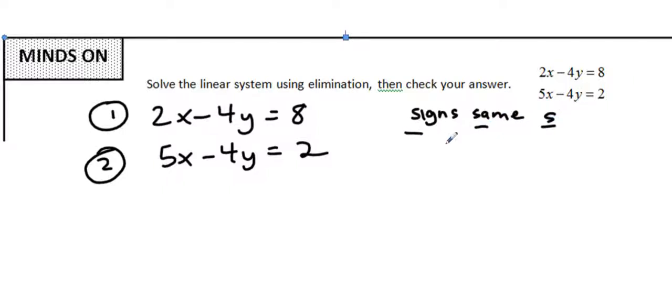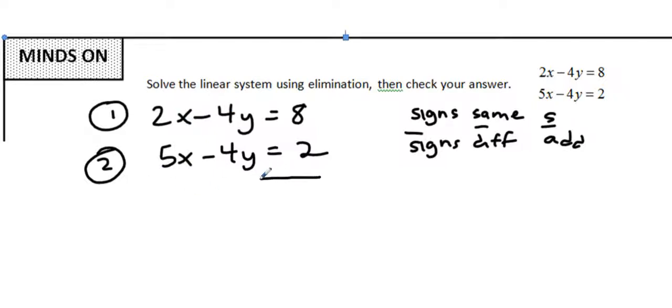If the signs are different, you add. So these coefficients are not the same, so we cannot eliminate the x term. But these coefficients are the same, 4, and so we are going to be able to eliminate the y without multiplying anything on either equation.